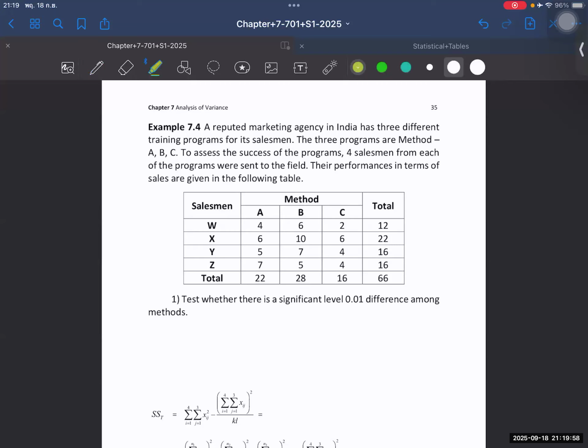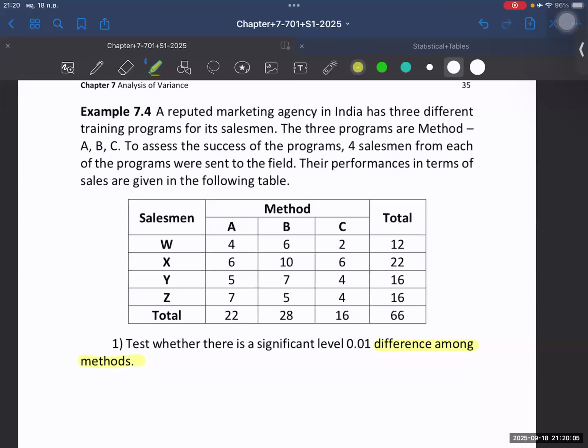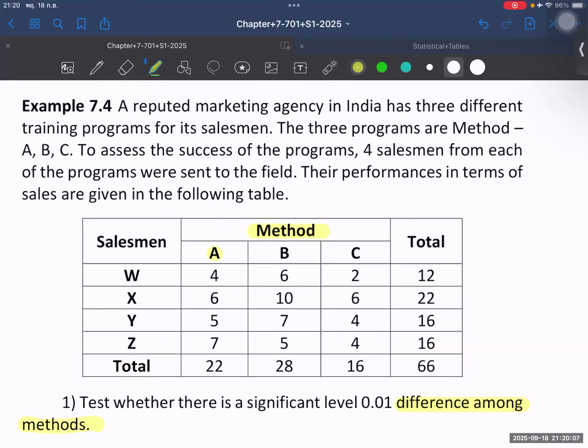Among the methods, so what is the method? Method is a column. We have three methods like this. So we have k equal to 3 because we have three columns.